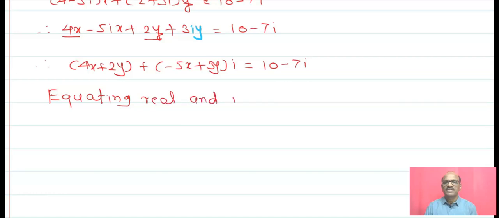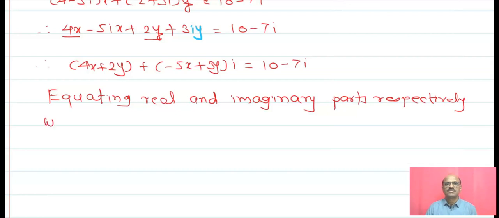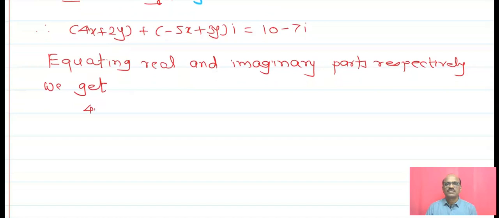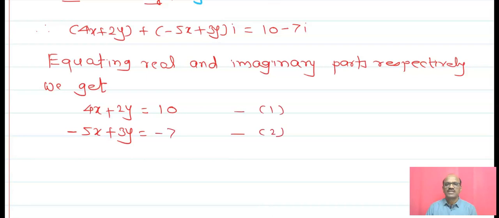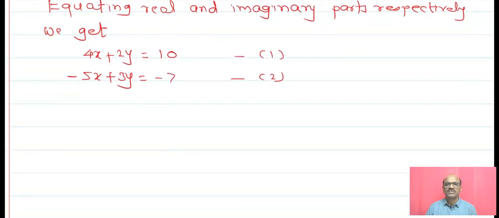Now equating the real and imaginary parts, we get 4x plus 2y is equal to 10 and minus 5x plus 3y is equal to minus 7. These are equation numbers 1 and 2.